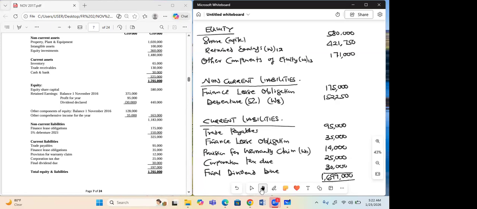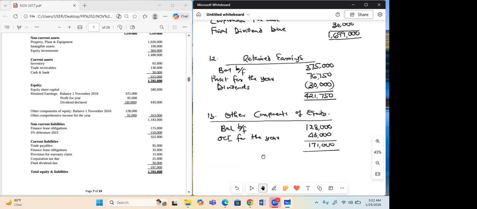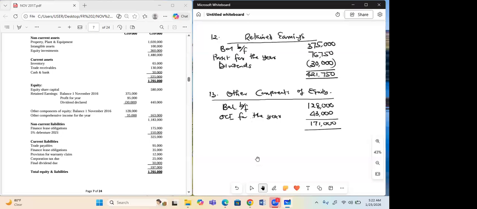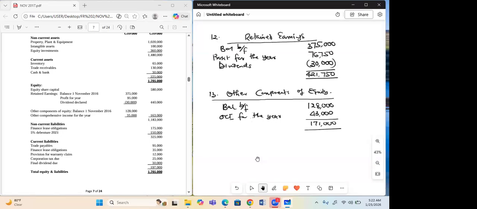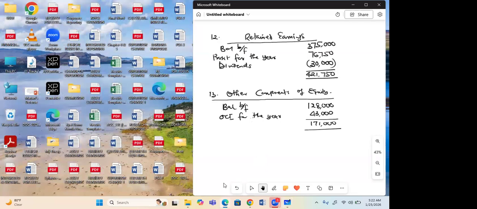Okay. Then let me go to the last two workings so that you take them and then move on. Please take this. The retained earnings is another component. Are you okay? Yes, sir. So we finished November 2017. Which other year is there?